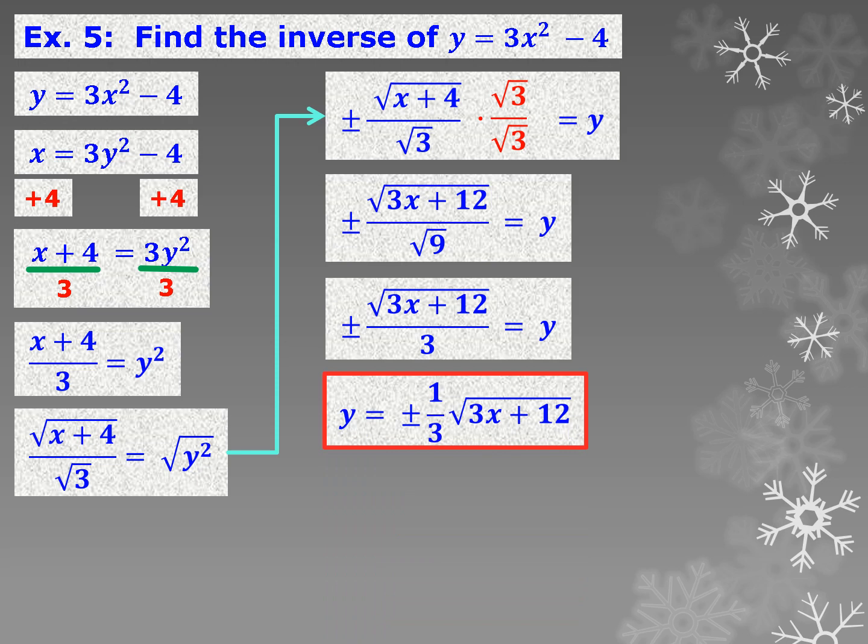Now, you can also change it to be the form that is up there now, because dividing by 3 is really multiplying something by 1/3. So you can kind of clean it up a little and change it to y equals plus or minus 1/3 times the square root of 3x plus 12.